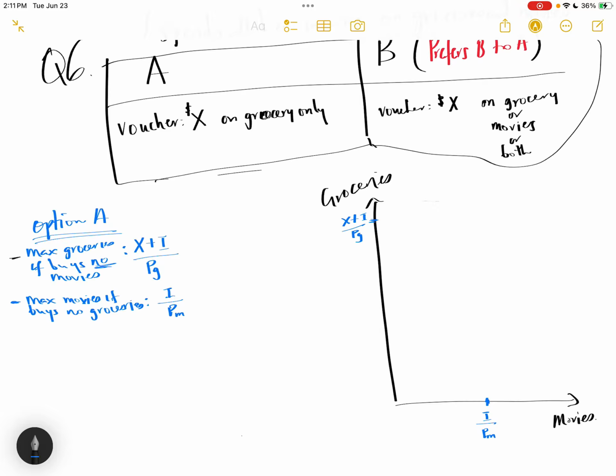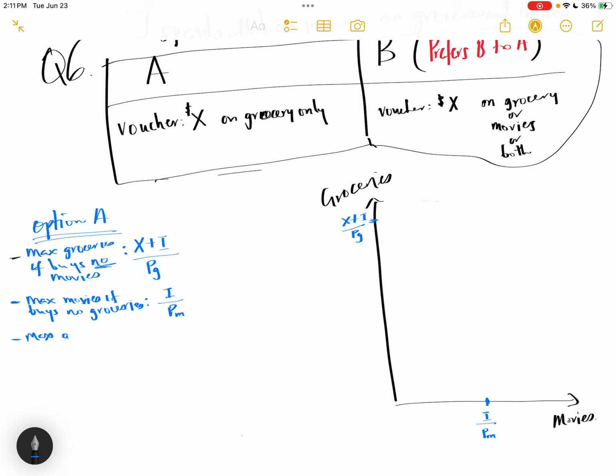There is more. If this consumer spends all her income I on movies, that means she can only spend all the voucher on groceries. Yes.